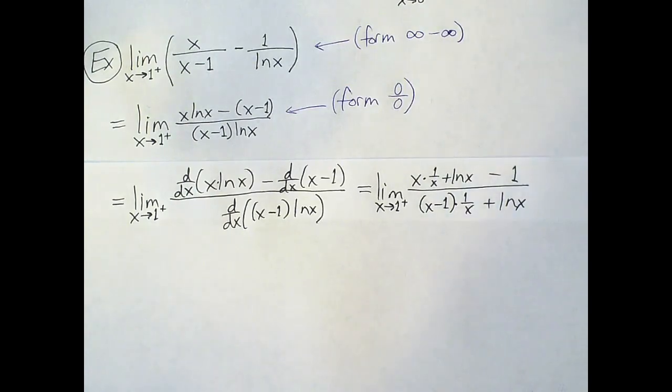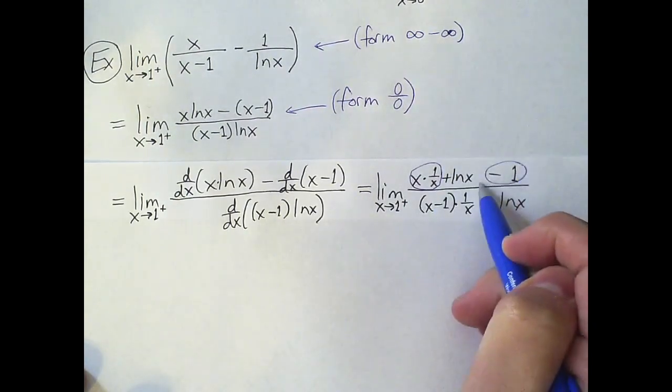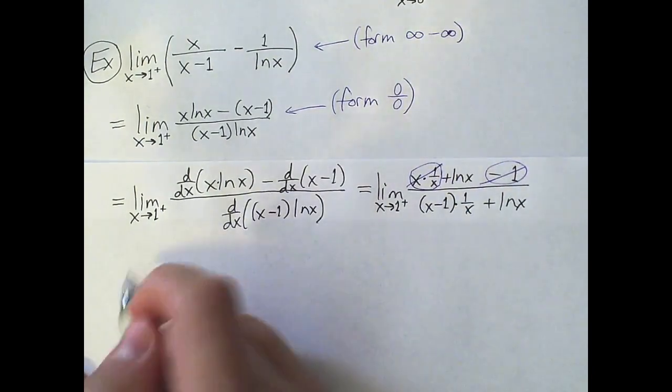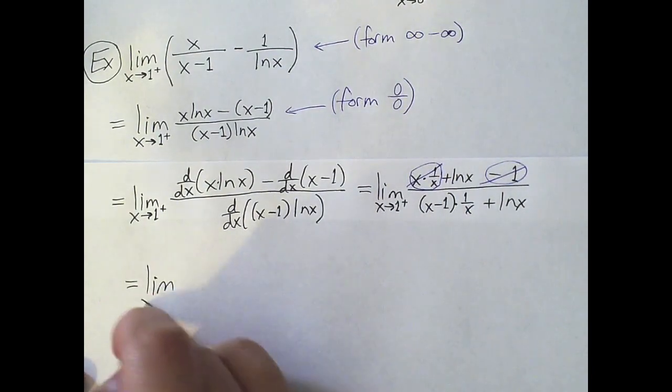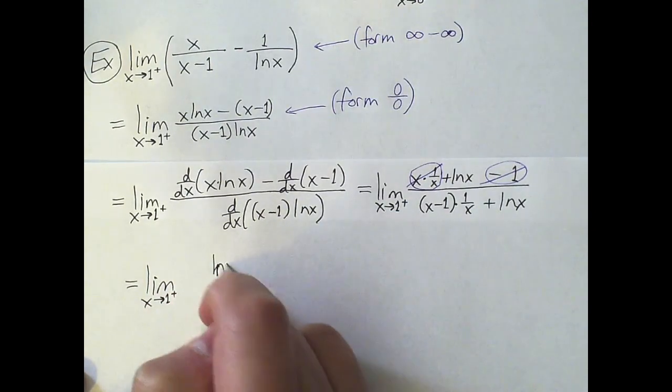Let's try to simplify this a little. Check this out. We have x times 1 over x minus 1. Those cancel because that's 1 minus 1. So we could write this as just ln x up top.